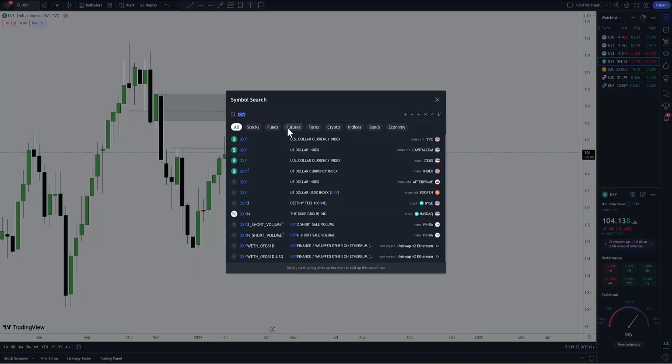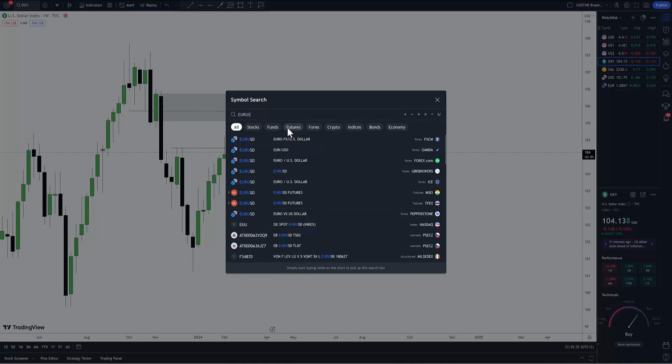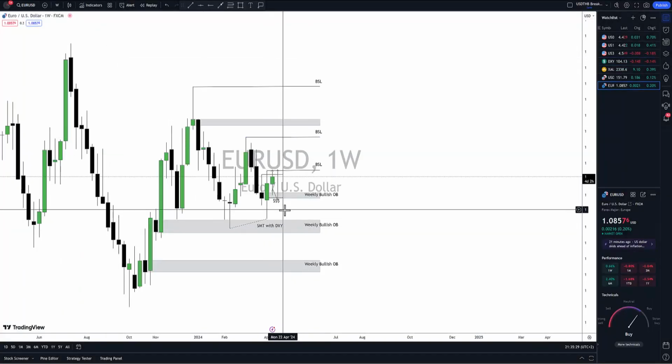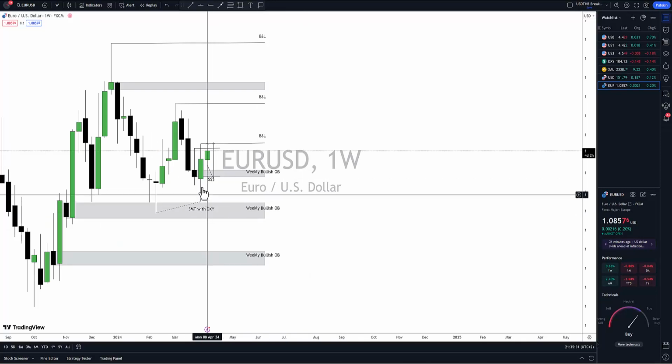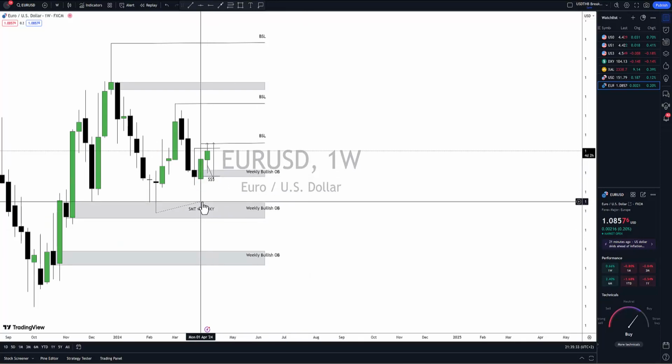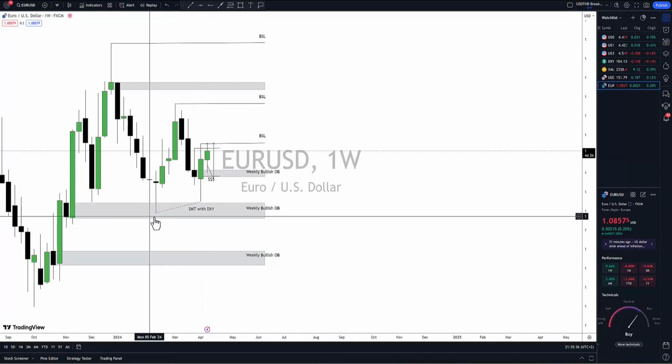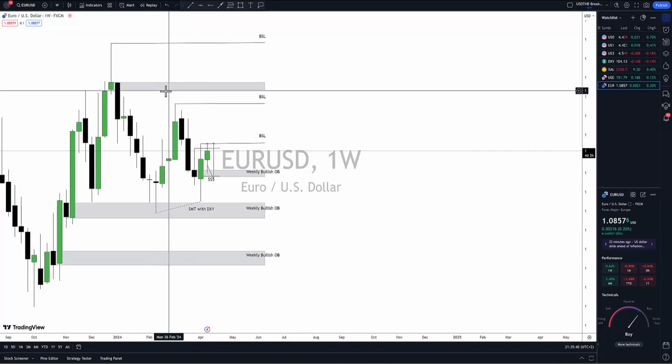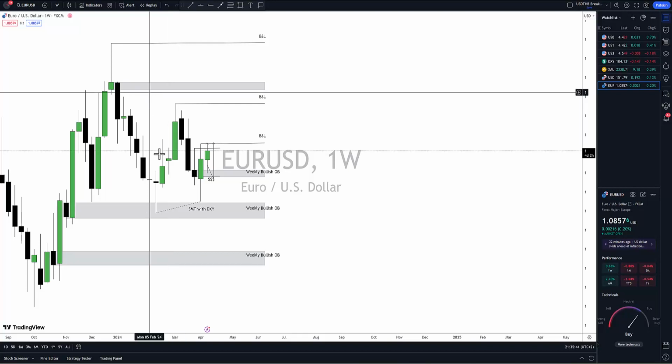Same applies if I go to Euro USD. You can see that Euro USD on the weekly chart last week did not trade below the old low that corresponds with the old high on dollar index.